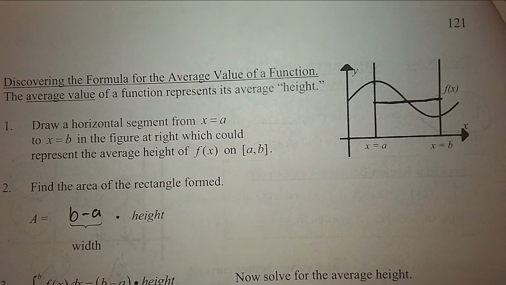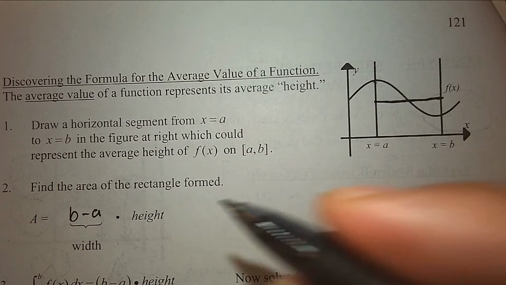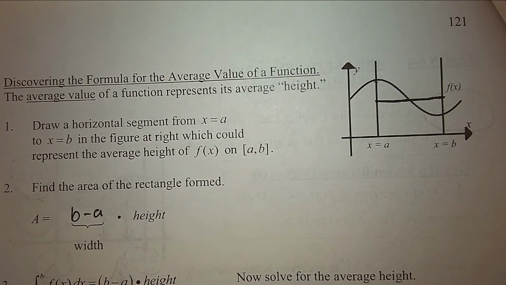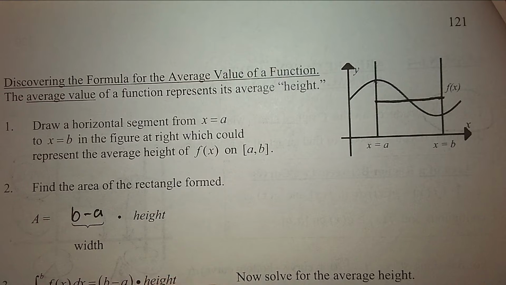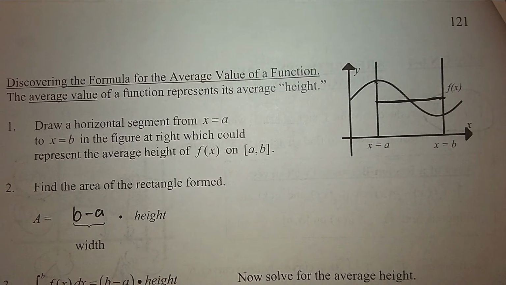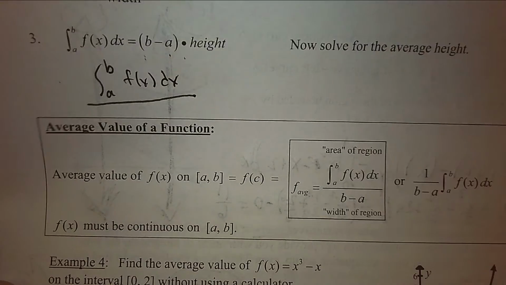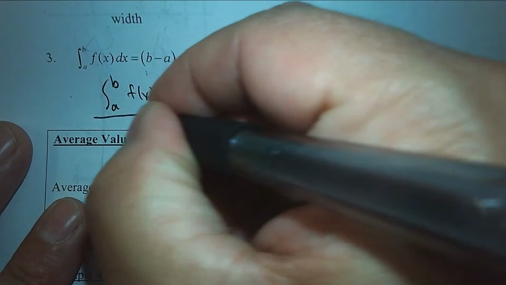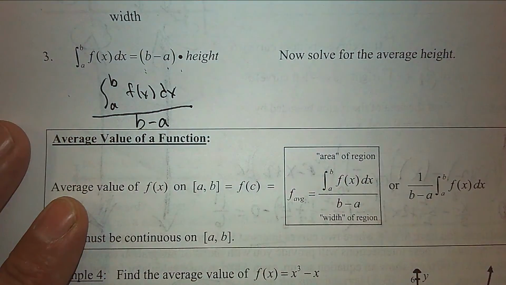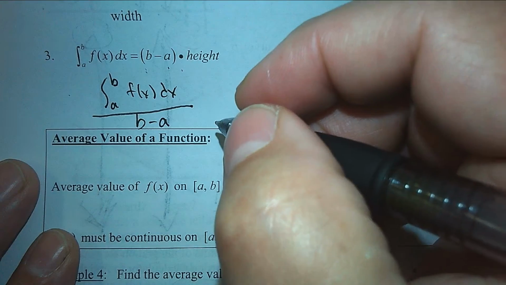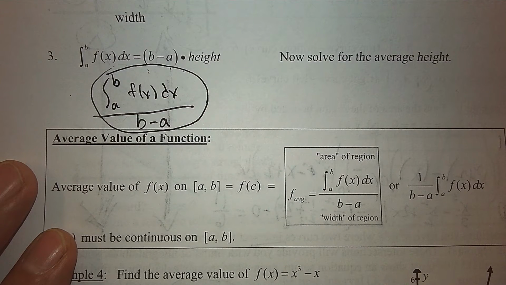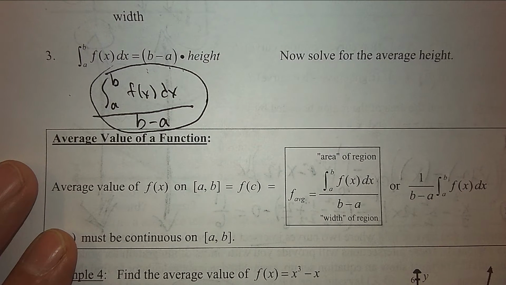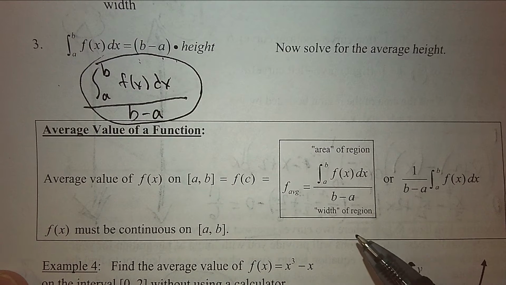So the question is, what do you think the height represents in terms of that? If I integrate from A to B, f of x dx, I then have to divide by the difference of the bounds, B minus A. And that gives me the average height. The formula is down here below.